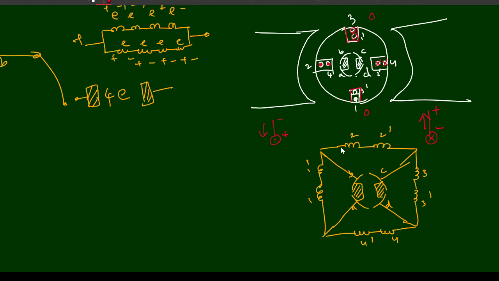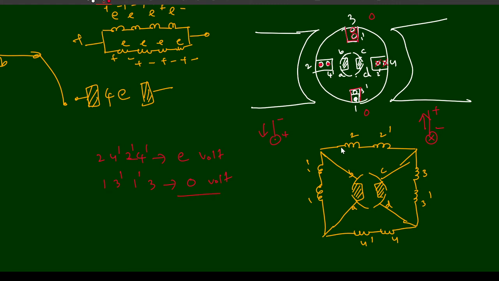That means 2 dash and 4 dash will have an EMF E, and 1 prime and 3 prime will have an induced voltage of 0.